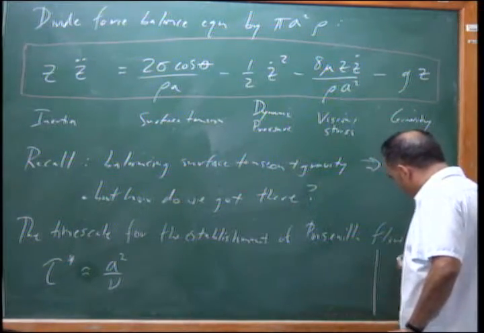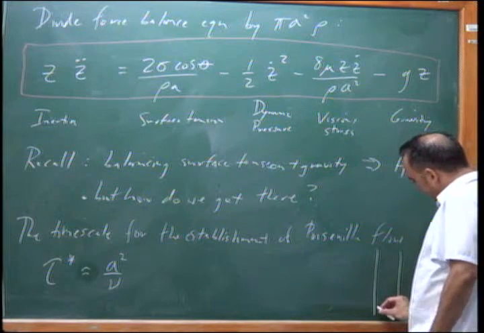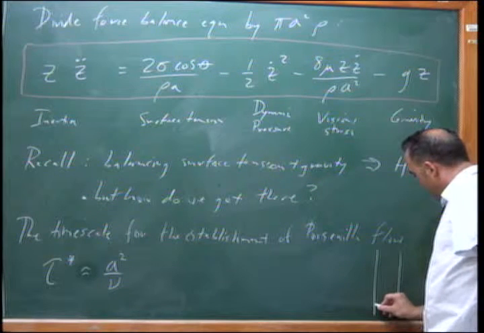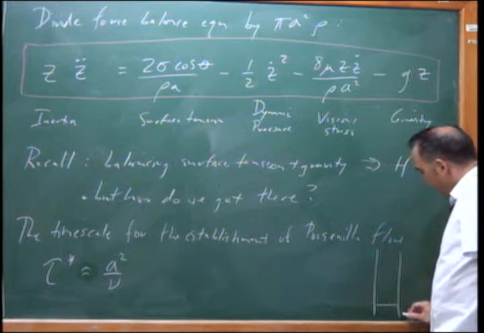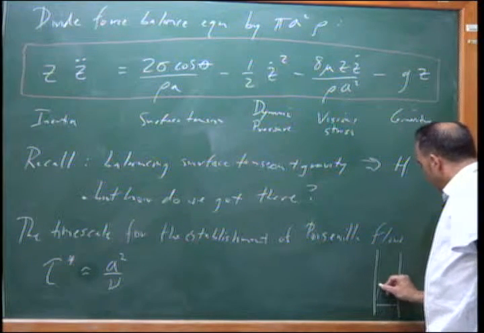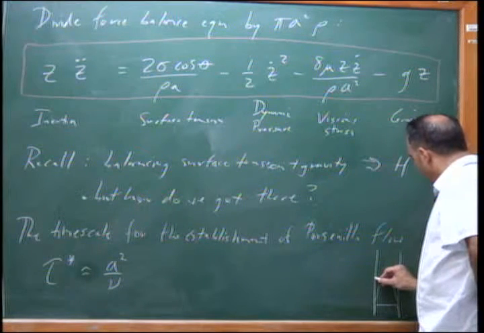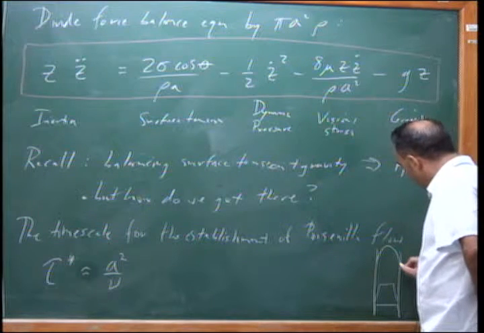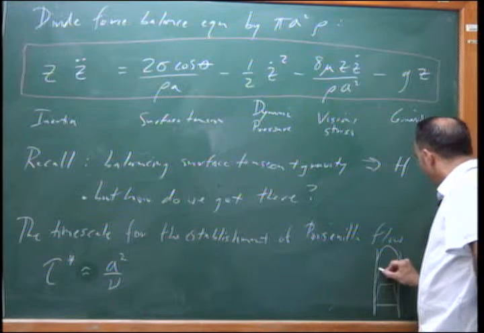So you get flow in a pipe, and at time t equals 0, you force fluid through the pipe. Then initially it's going to be slug flow inside. You have a no-slip boundary condition, and then as the flow evolves, the boundary layer thickens until eventually you get this Poiseuille flow profile.